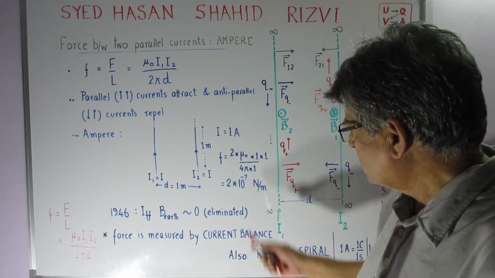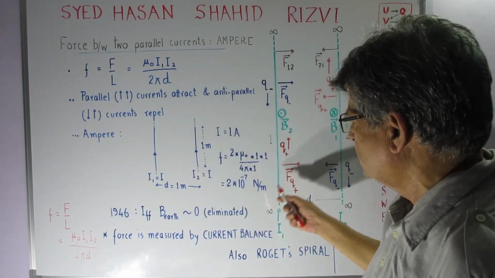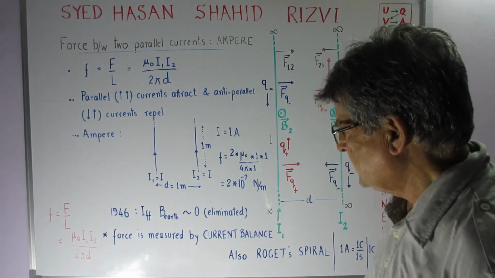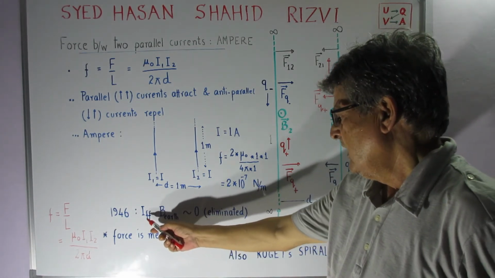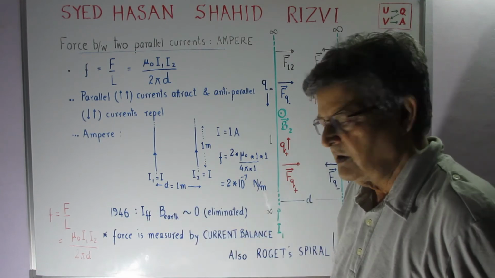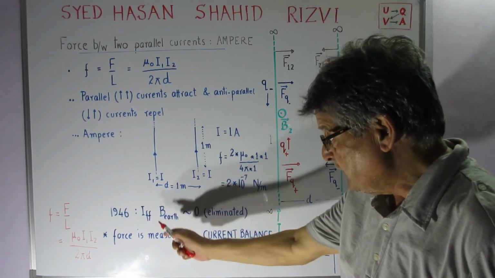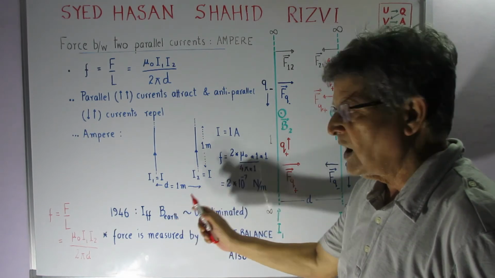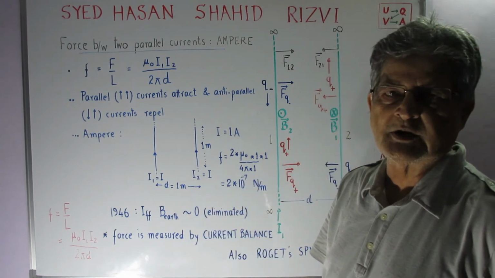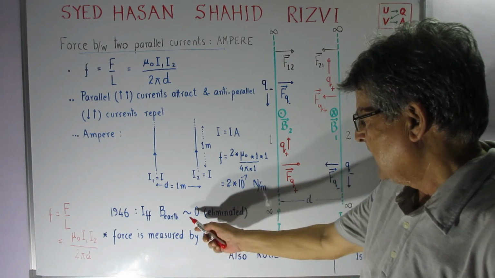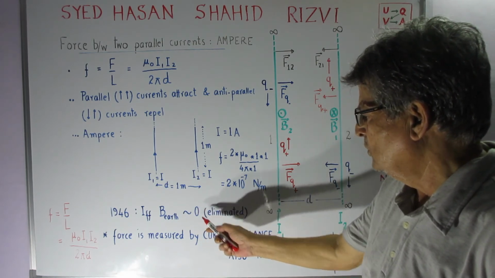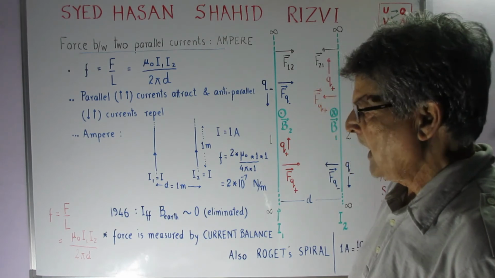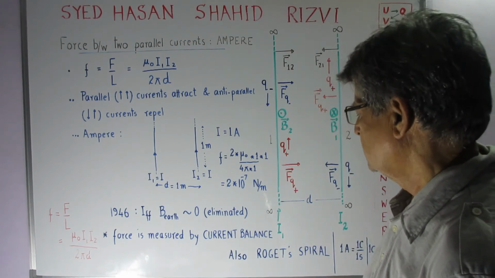But when this kind of a measurement was made, one of the things is that IFF, which in mathematics stands for if and only if, the magnetic field due to the earth, which is always present anywhere, has to be reduced to 0. That has to be eliminated by some means, and there are means to eliminate that.